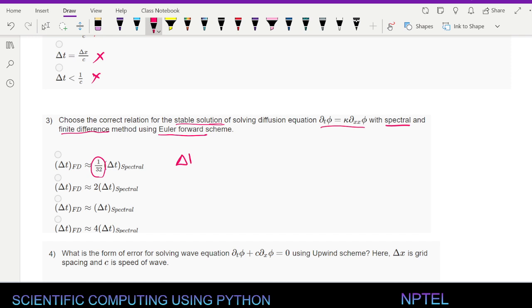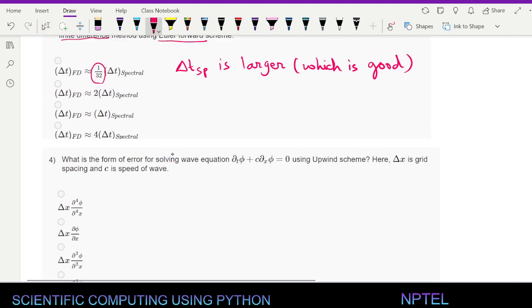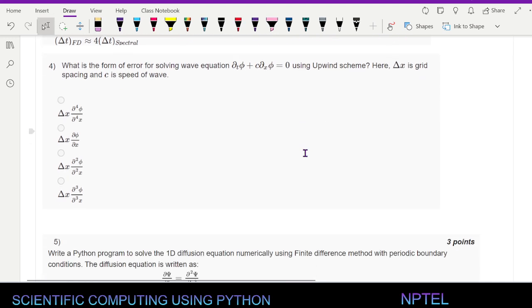And delta t for spectral is larger, which is good. We want delta t to be as big as possible without compromising on accuracy or stability. Okay, so the answer is the first one.